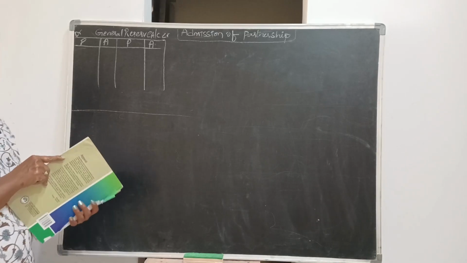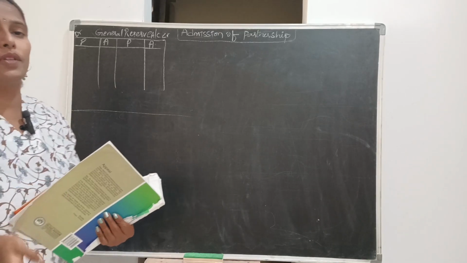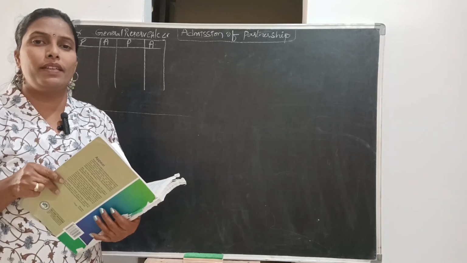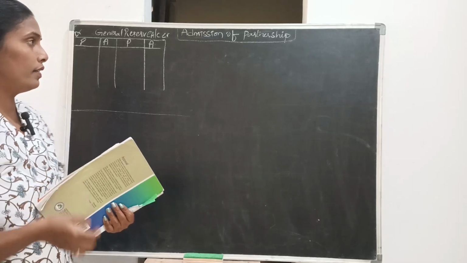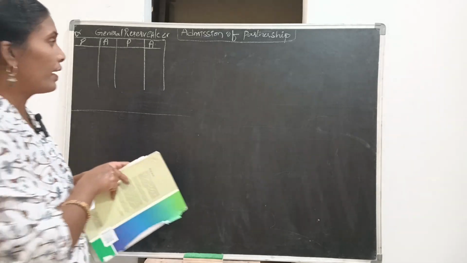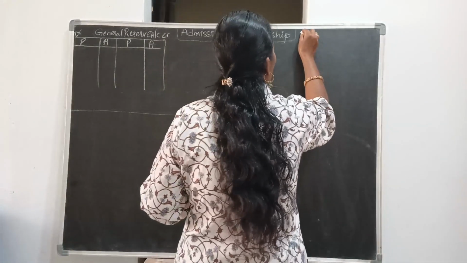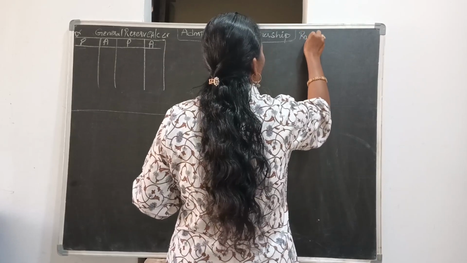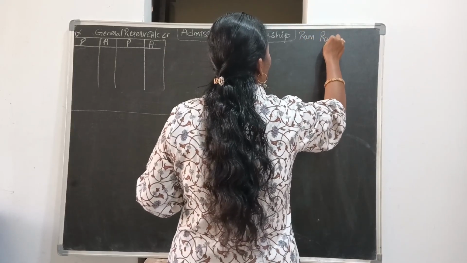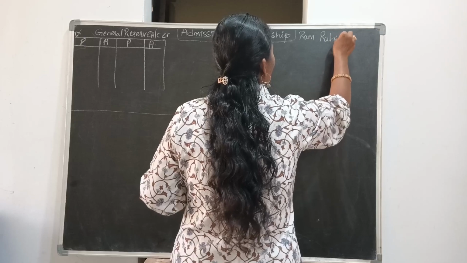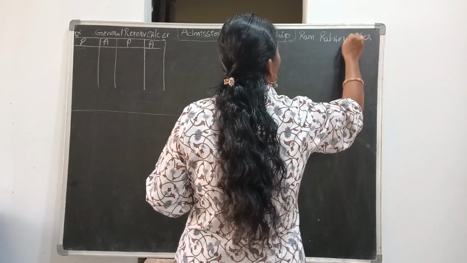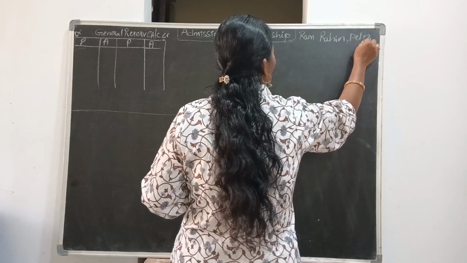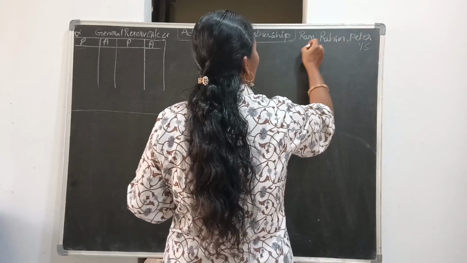So this general reserve 20,000 we are going to distribute between old partners in the old ratio. So what is the ratio here? Partners are Ram, Rahim, and Peter is a new partner, who is going to get 1/5 share in future profits.